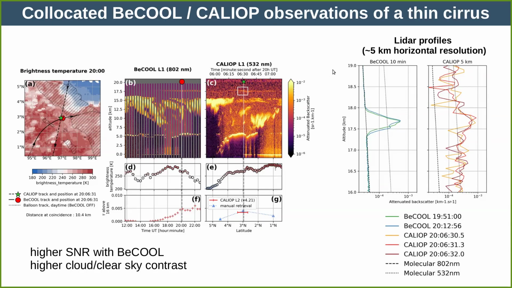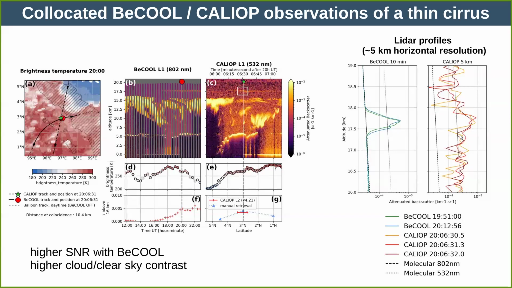So if we zoom on the profile between 16 and 19 kilometers, we see this cloud really clearly on the BeCool profile, while on the CALIOP profile, it is more or less hidden in the noise.